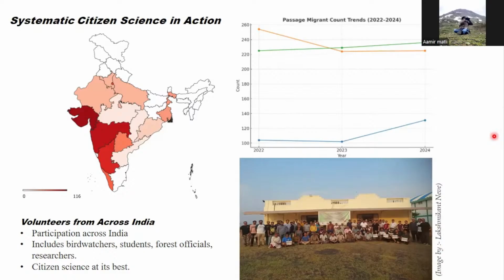It shows that when people care about birds, they don't need to be professional scientists to contribute. In fact, the richness of PMC comes from this blend: citizen scientists collecting data systematically, guided by robust protocols. So in many ways, PMC represents citizen science at its best.